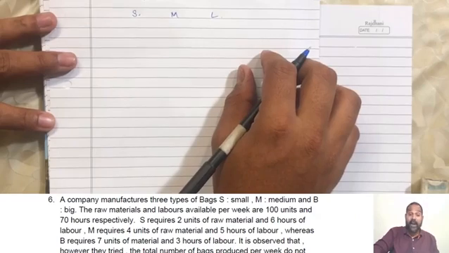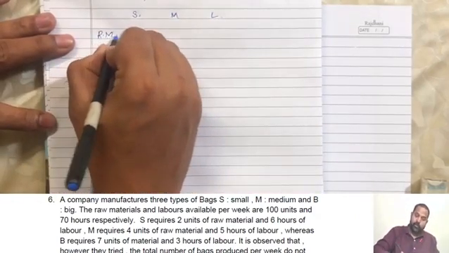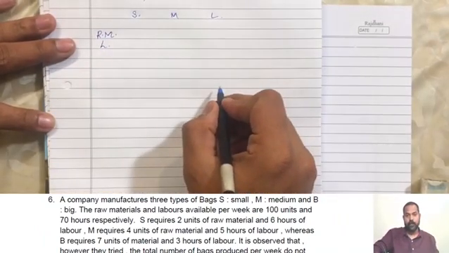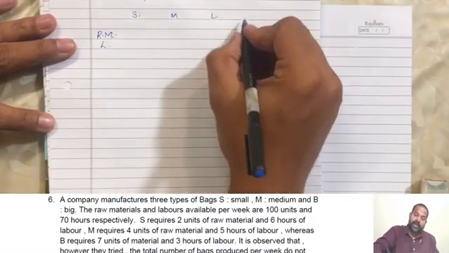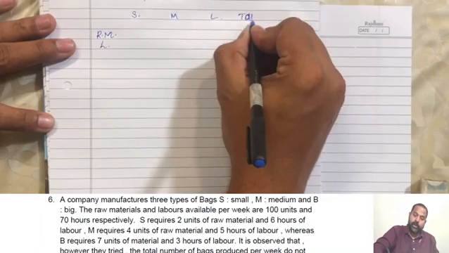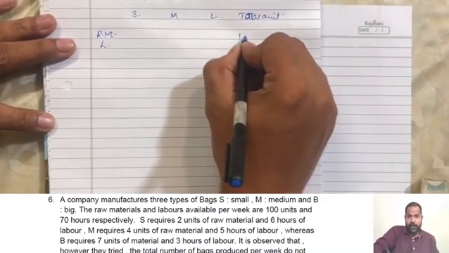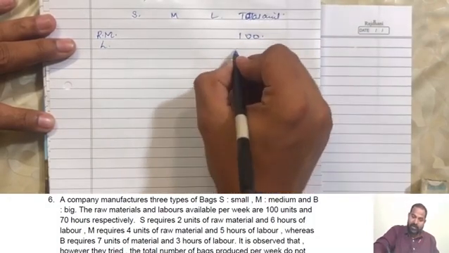What do I require to make these bags? Well, I require raw material as one resource and the other is labor. They are saying that on a weekly basis, the total raw material available is 100 units, if I am right on the raw material. Yes. And 70 hours of labor.